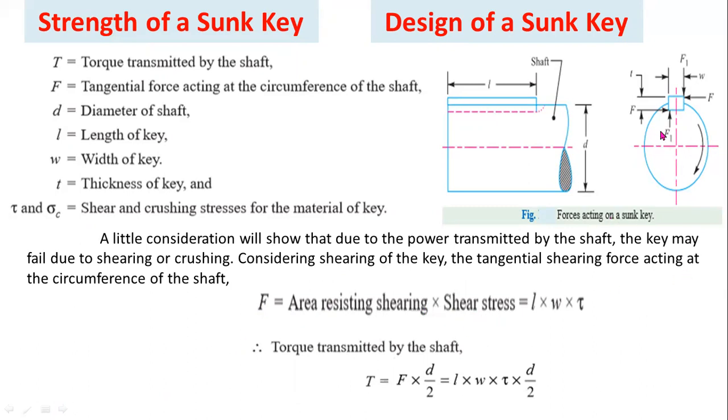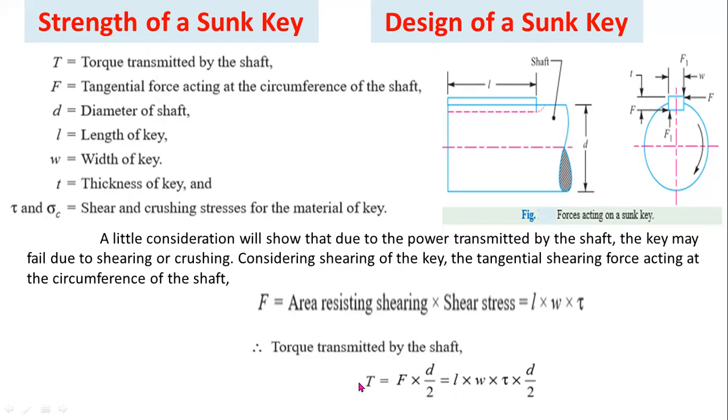So here L into W is the shearing area, and tau is the shear stress. So from this equation, L into W into tau is the shear force. Now, if you want to determine the torque transmitted by the key, you have to multiply this shearing force with the radius of the shaft. Here capital D is the diameter, so the radius of the shaft is equal to D by 2.